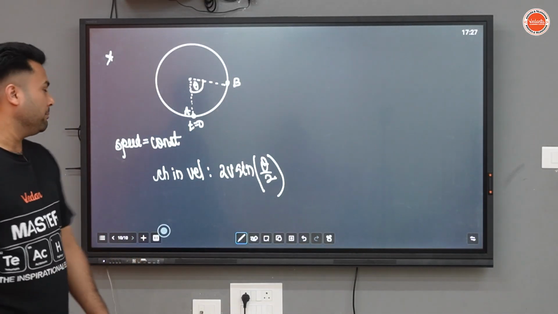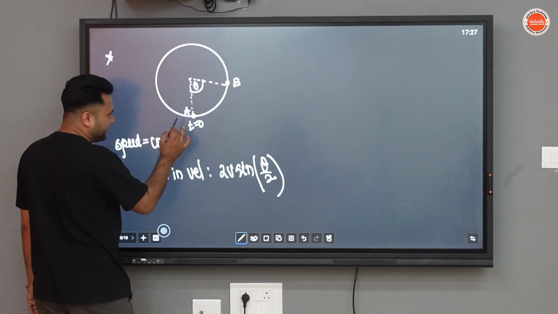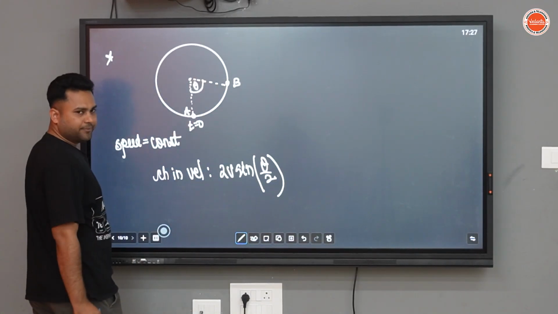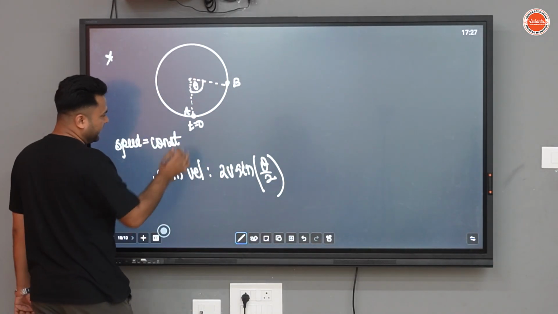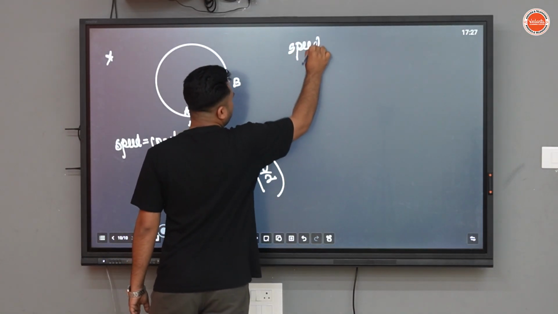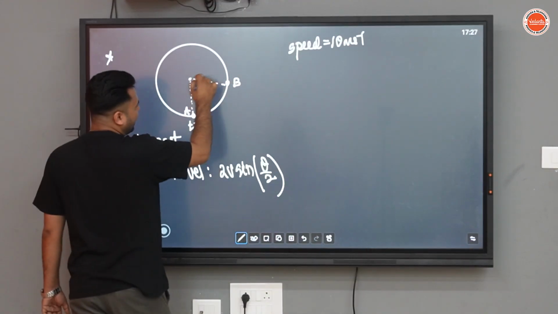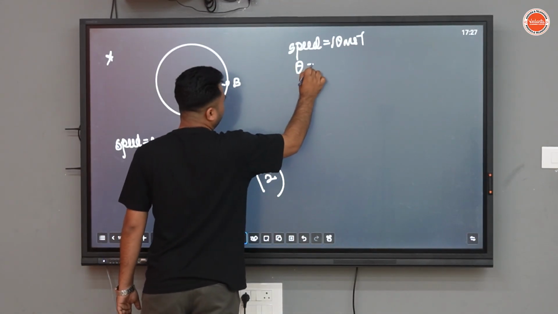Means if they frame the question that a body is doing uniform circular motion, speed is constant, speed they have given 10 meter per second, and this angle is 60 degree.